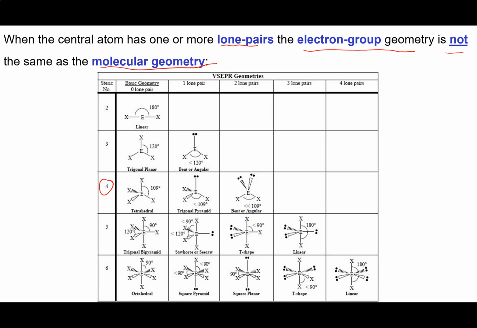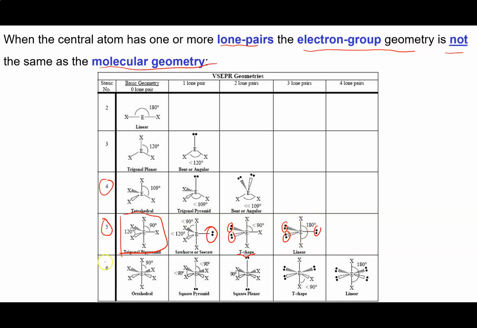When a molecule has steric number equals 5, it'll have the electron group geometry trigonal bipyramidal. If we have one lone pair amongst our electron groups, then we'll end up with what's called the sawhorse or the seesaw arrangement. If we have 2 lone pairs, we end up with the T-shaped molecular geometry. And if we have 3 lone pairs, we're all the way back to linear.